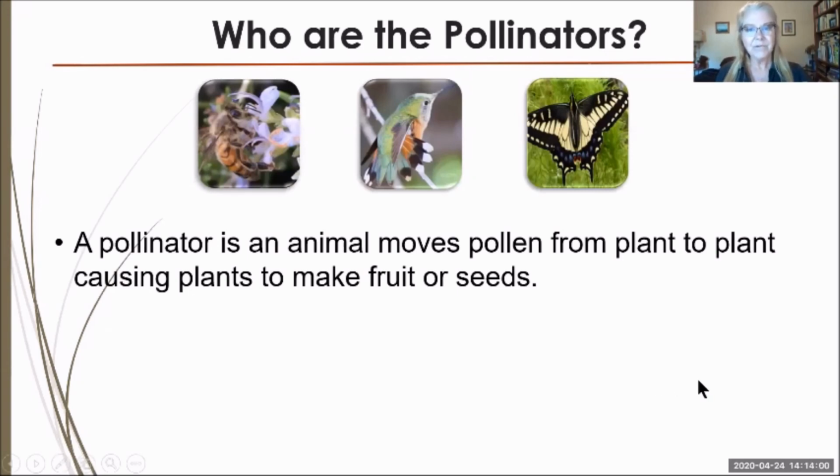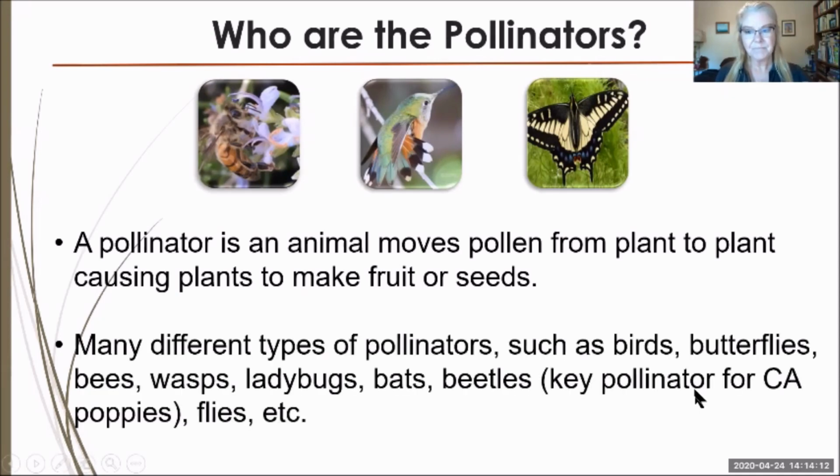Okay, so who are these pollinators? Simply put, a pollinator is an animal that moves pollen from plant to plant or part of a plant to part of a plant, causing plants to make fruit or seeds. There are many different types of pollinators. We've got birds, butterflies, bees, wasps, ladybugs, bats, beetles.